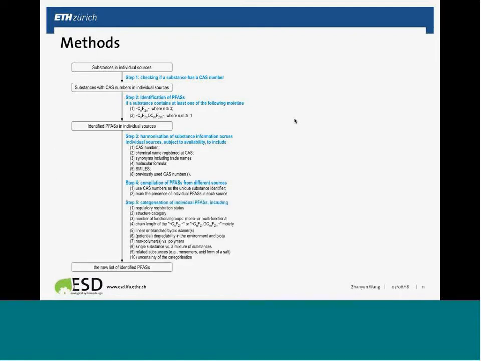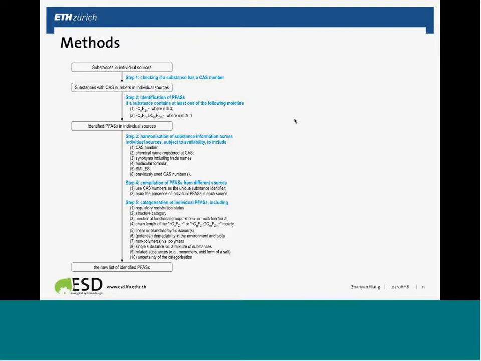Then we took another step further, trying to categorize individual PFASs, because we identified quite thousands of PFASs or CAS numbers associated with PFASs, and it could be difficult to find individual PFASs. So I established this categorization system so people can use different criteria to look for the PFASs they are interested in.